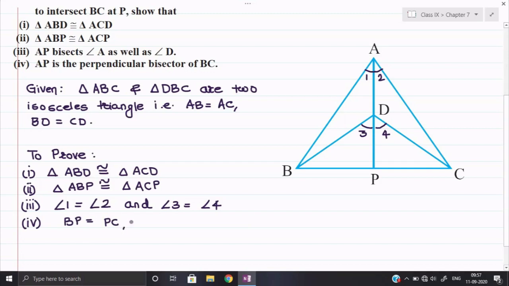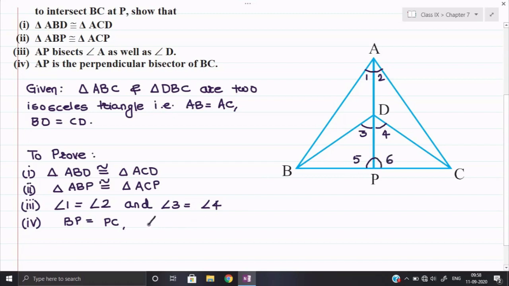And second, AP is perpendicular to BC. I should not mark this angle as 90° because we have not proved it yet. So we will mark a simple angle: this is angle number 5 and this is angle number 6.